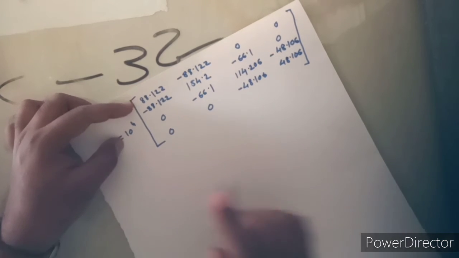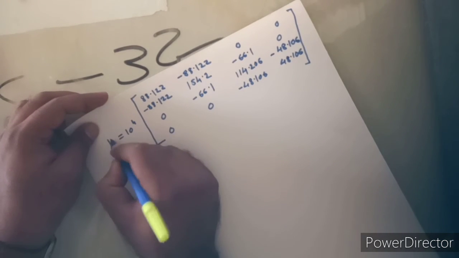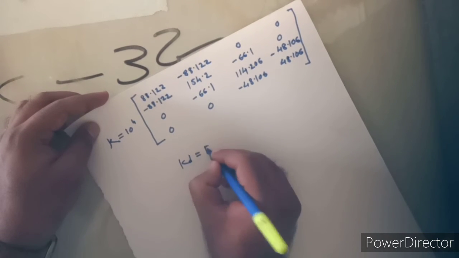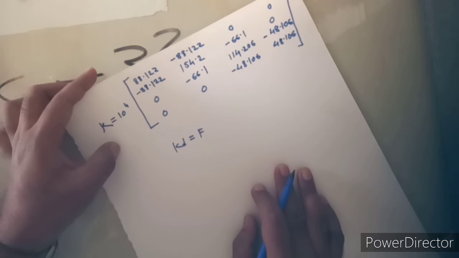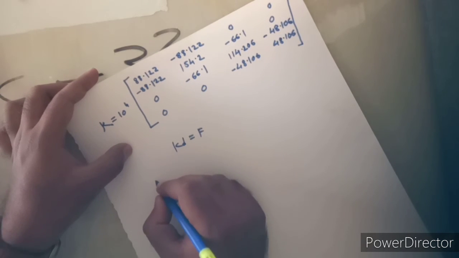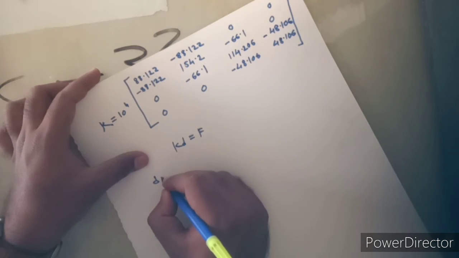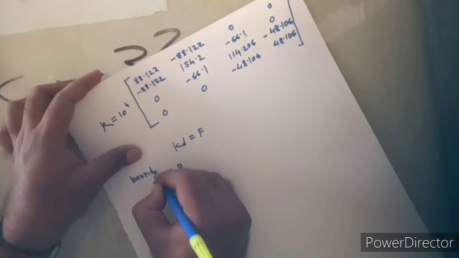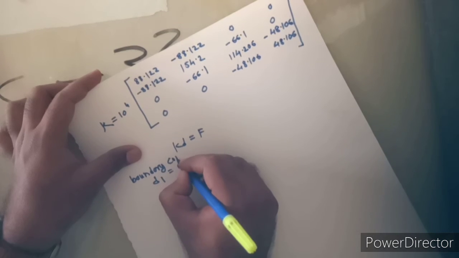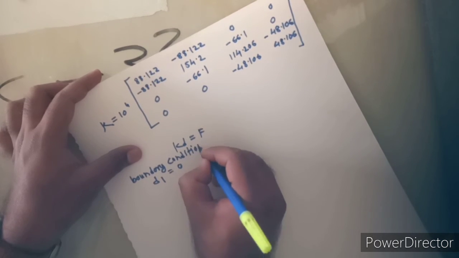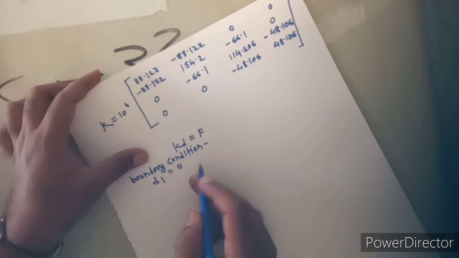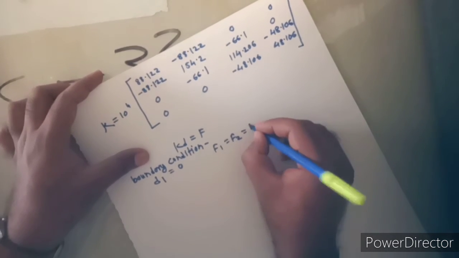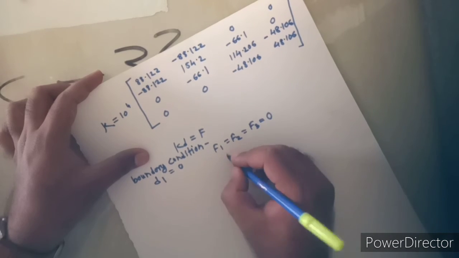The relationship between the global stiffness matrix K, deformation D, and force F is KD is equal to F. Okay, and the boundary condition for solving this is that deformation D1 is equal to 0. Similarly, F1, F2 and F3 are 0.